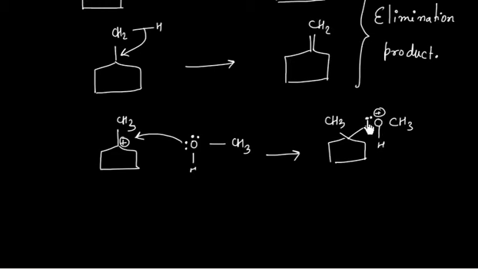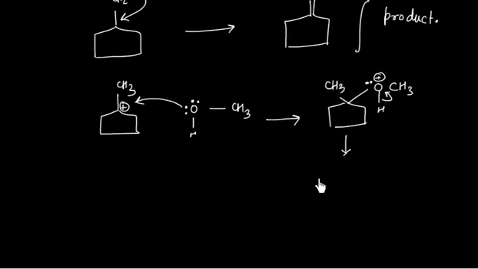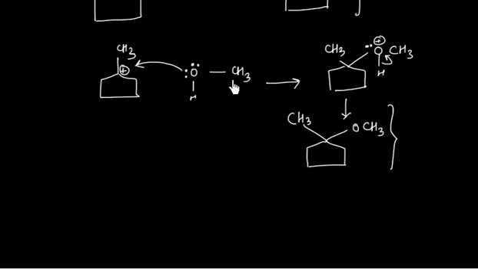Oxygen will have a plus charge, so we can lose H plus to get the final product. So we will have CH3 on one side and OCH3 on the other side. Now this product is a substitution product because we have added one OCH3. So this is substitution.